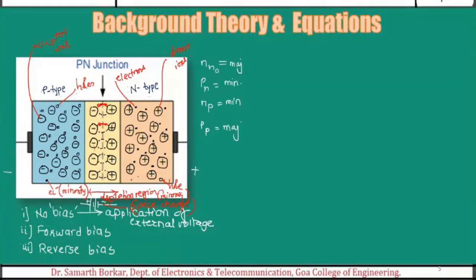Phosphorus is also electrically neutral because it has 15 electrons and 15 protons. Now, when we use phosphorus as an impurity, it gives away one electron. So net positive charge in that case will be more. Then we refer to it as an ion. So it is donating one electron. This sign represents the net positive charge will be more. And here is the electron.